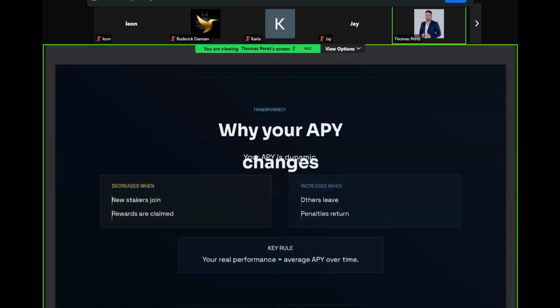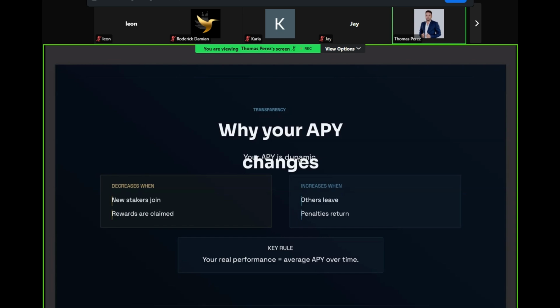Let's talk about APY. And one thing that can surprise users is that the APY changes. That's completely normal because it reflects real activity inside the system. So instead of focusing on the number at a specific moment, you should think in terms of average over time. Your real performance is not a snapshot, it's a journey.